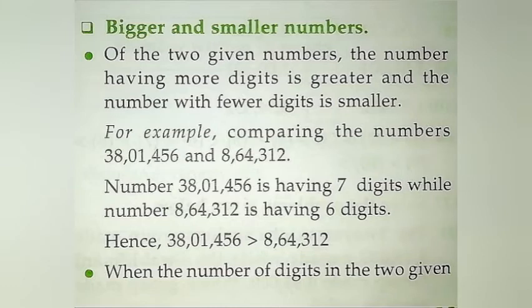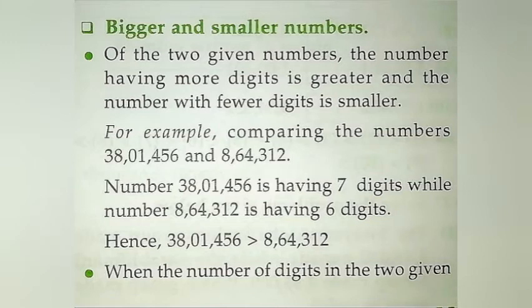Of the two given numbers, the number having more digits is greater and the number with fewer digits is smaller. For example, comparing the numbers 38,01,456 and 8,64,312. The number 38,01,456 has 7 digits.